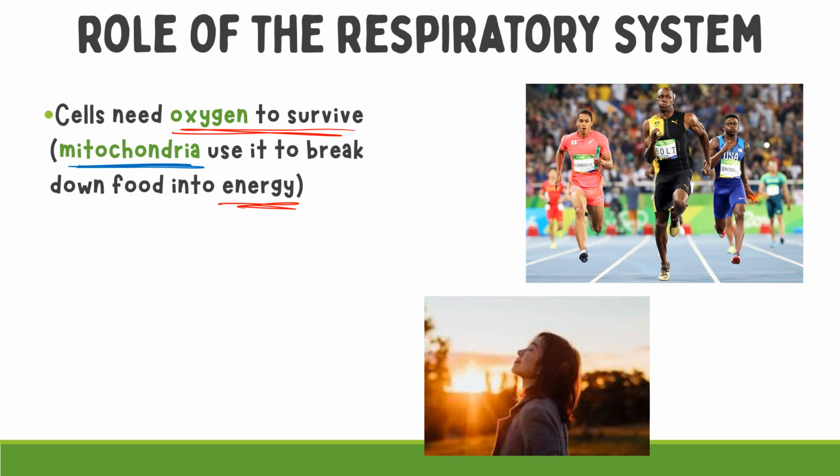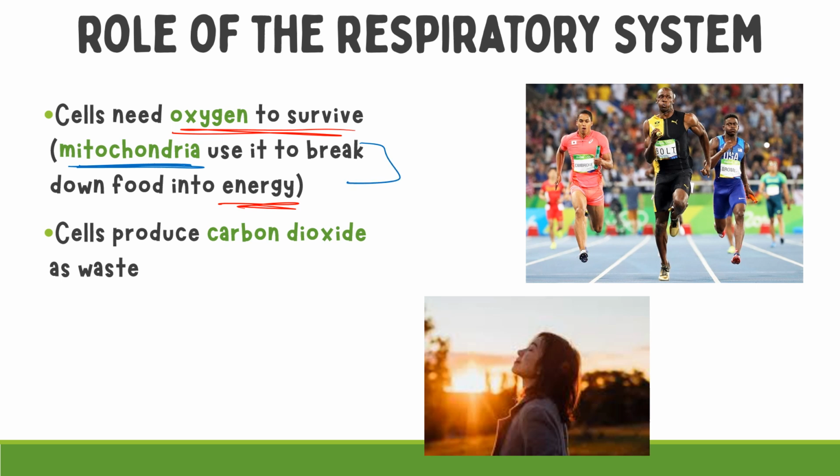So we need to get oxygen by breathing it in from the environment and somehow transport that oxygen to every single cell in our body. And that's the role of the respiratory system combined with the circulatory system, as we'll learn at the end. On top of that, our cells produce carbon dioxide as a waste product. This whole process of the mitochondria breaking down food to make energy is called cellular respiration.